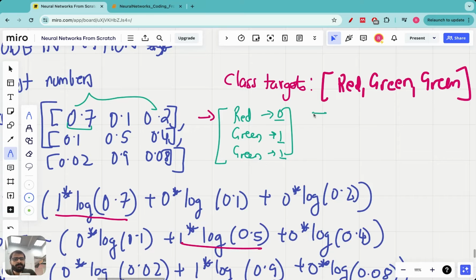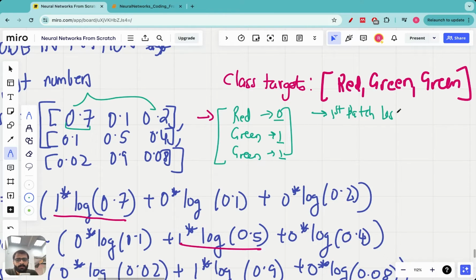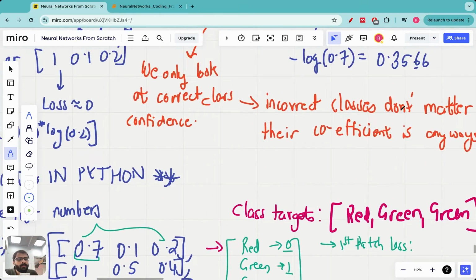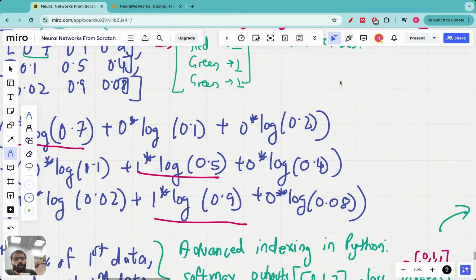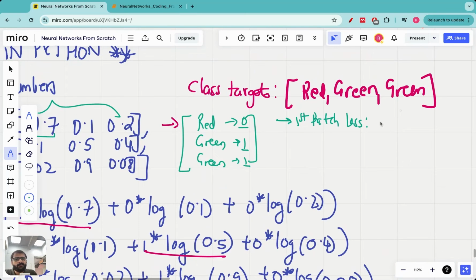The loss from the first batch will be just the negative of the true label into log of the predicted label, right? So the first batch loss will be negative of 1 into log of 0.7.